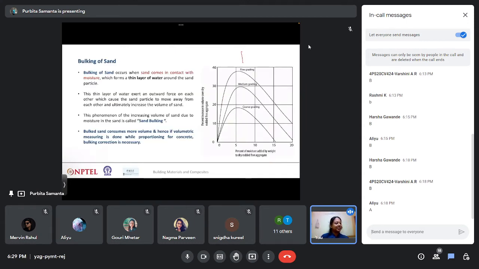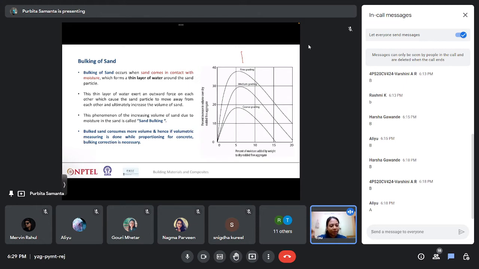Here it talks about what bulking of sand is. By now you understand that when sand comes in contact with moisture, a thin layer of water is formed around the sand particles, and that leads to bulking. The term bulking is used because it increases the overall volume of the sand. Due to the presence of moisture, we call it sand bulking.